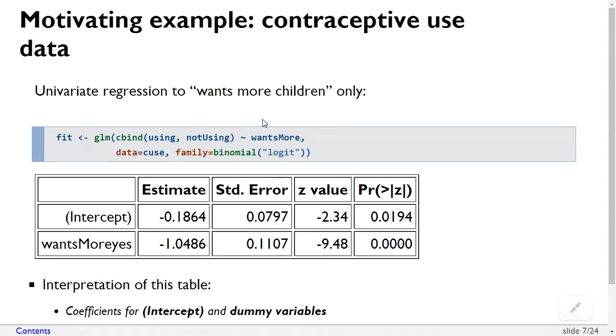Yeah, it's for our reference group, and our reference group here is wants more no. So this is the log odds of using contraceptives for the group who does not want more children.